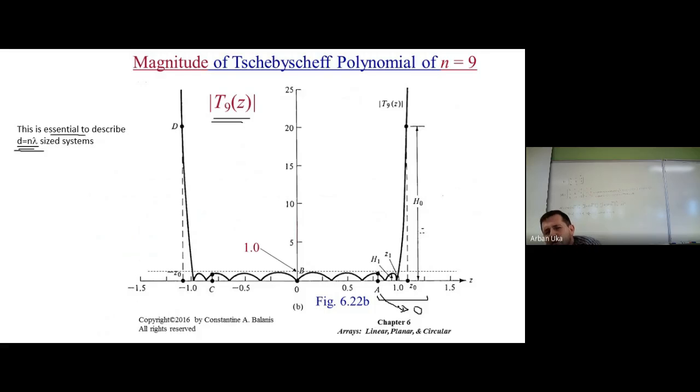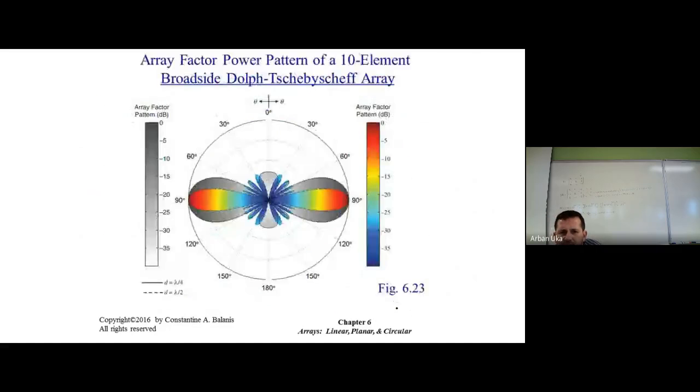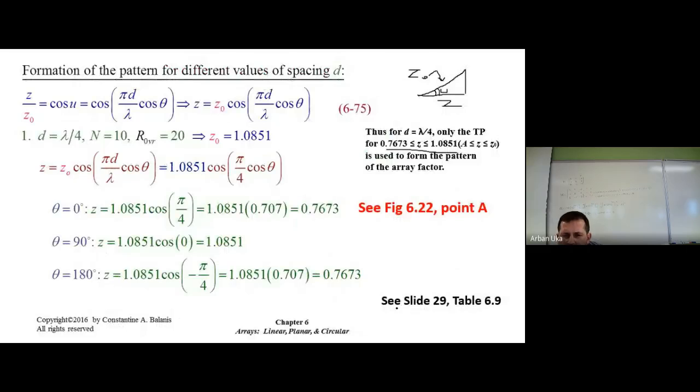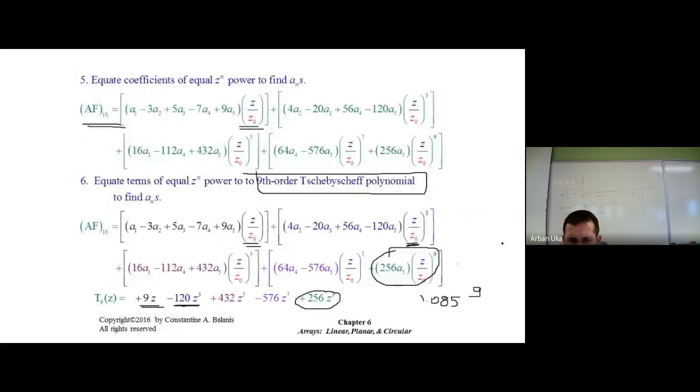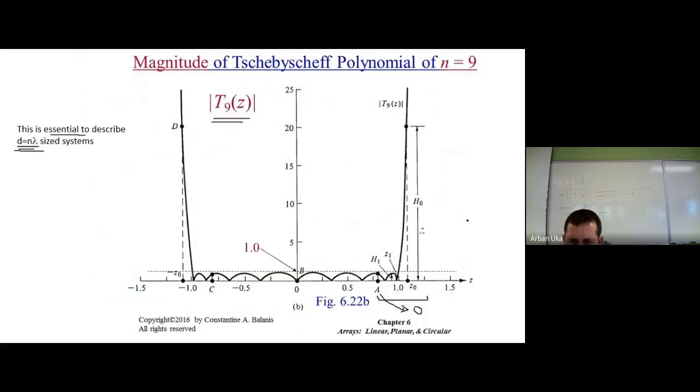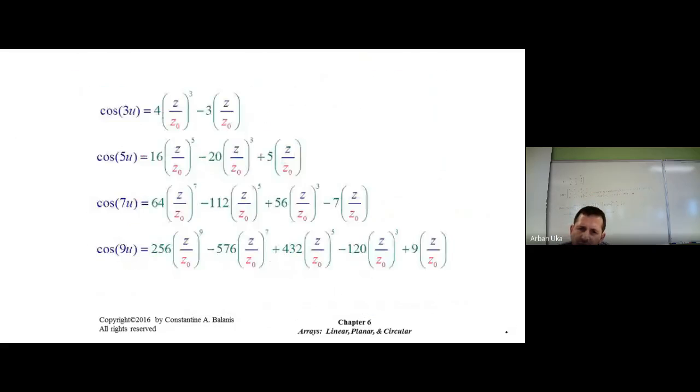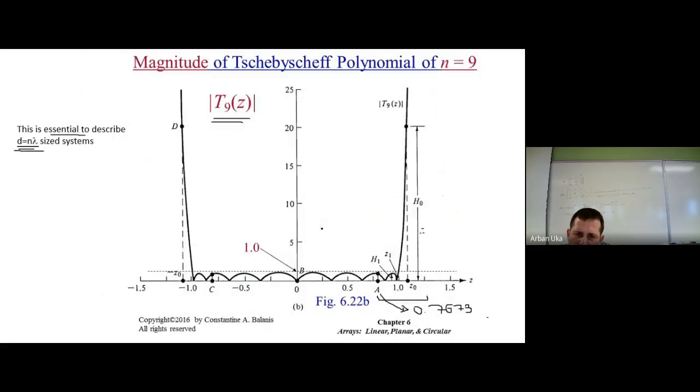This was z0. It is 0.7673. Okay, so this Chebyshev polynomial, we have to look in this regime.